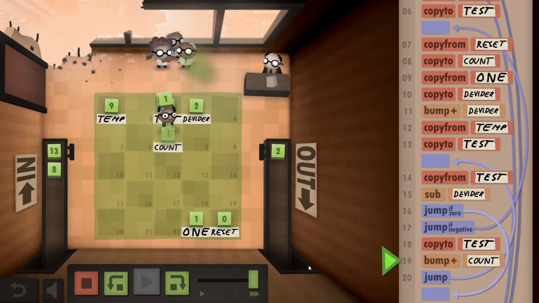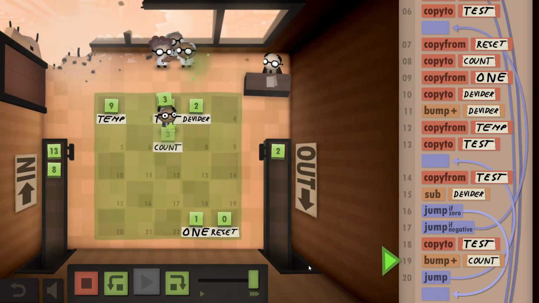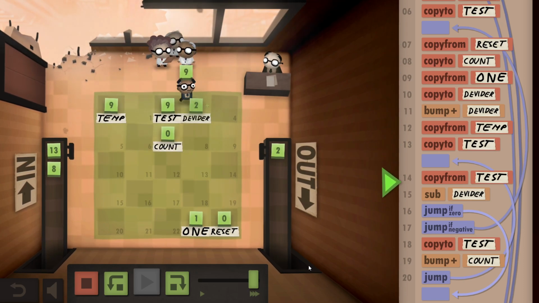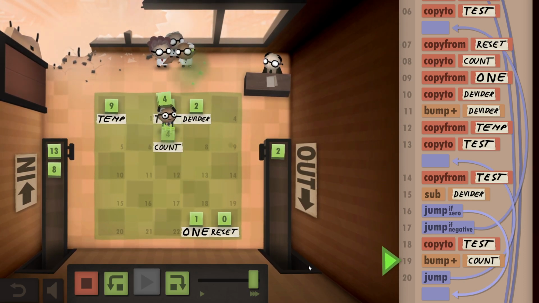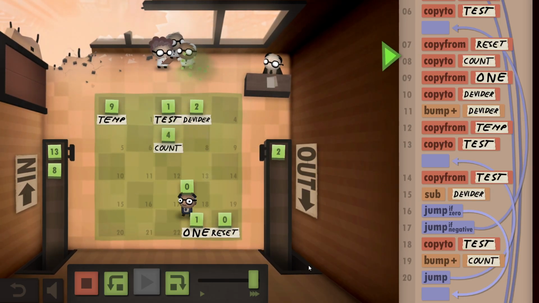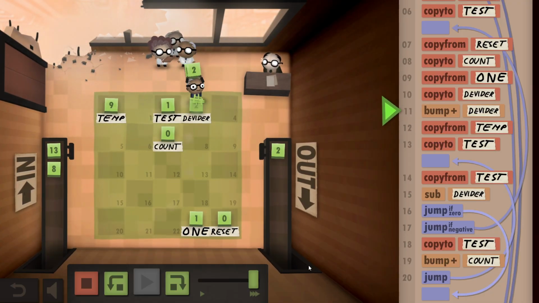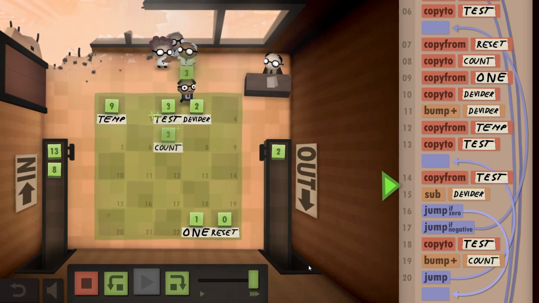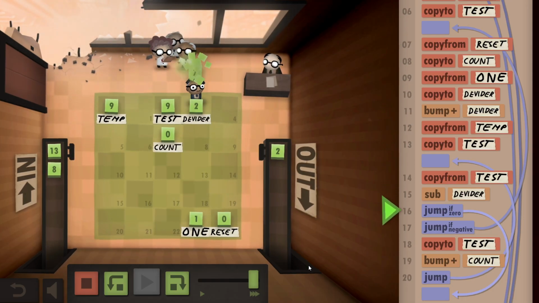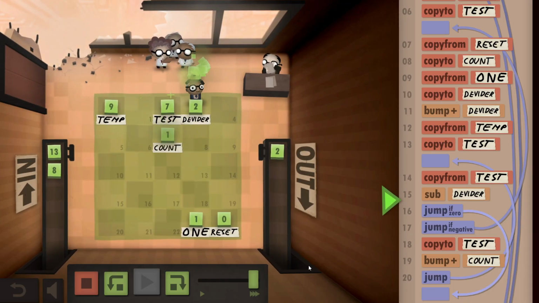I'm gonna see if there is a mistake. Are we in endless loop here?